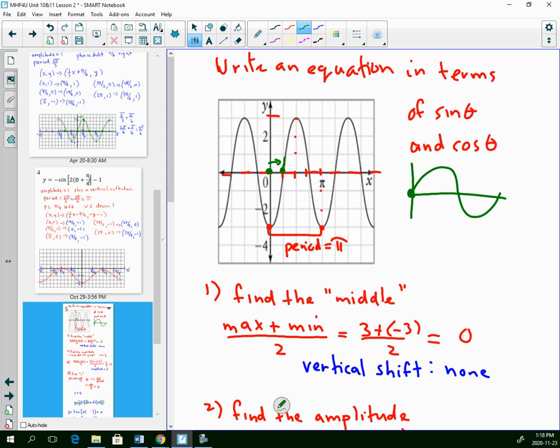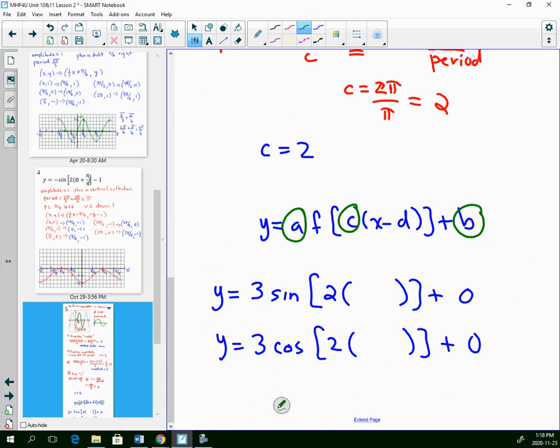Here is the sine curve, this is what a sine curve normally looks like, and I can see it shifted to the right. How much to the right? Well, this is pi over 4, because I know every square is pi over 4. So if I'm writing the equation for sine, my x has been shifted to the right, pi over 4.